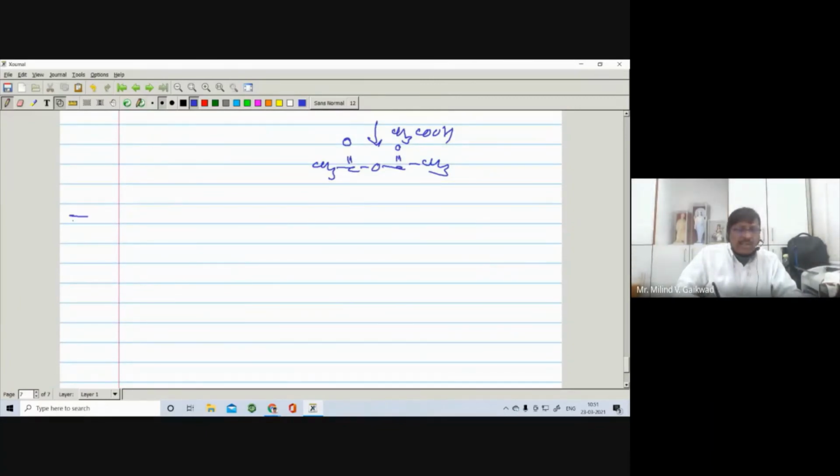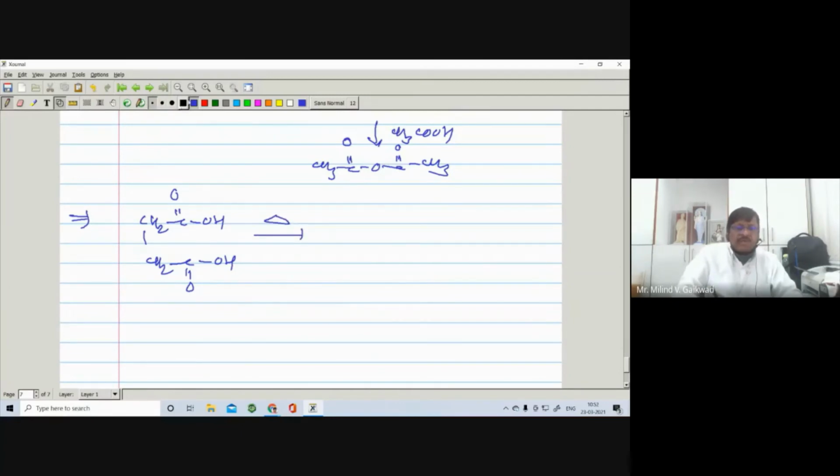For example, next preparation, suppose CH2 C=O OH and here again CH2 C=O OH. It is a dicarboxylic acid. When you heat it, what happens?